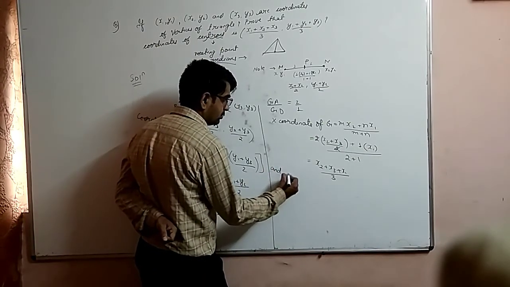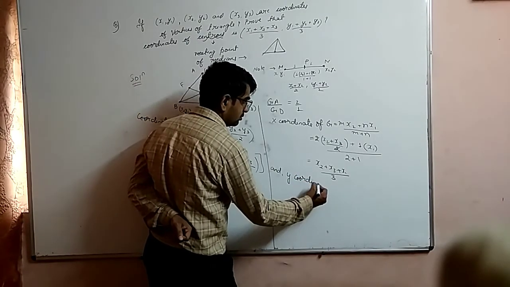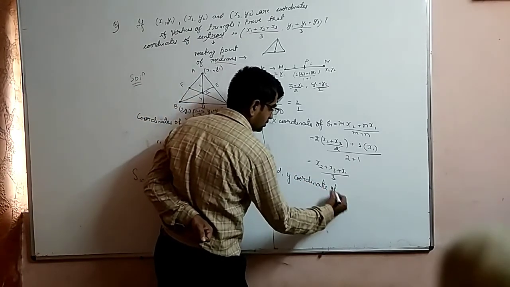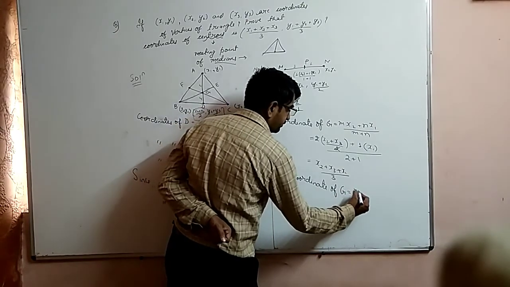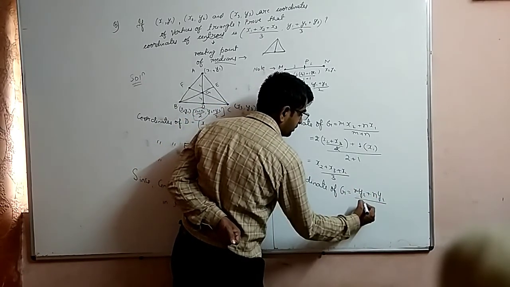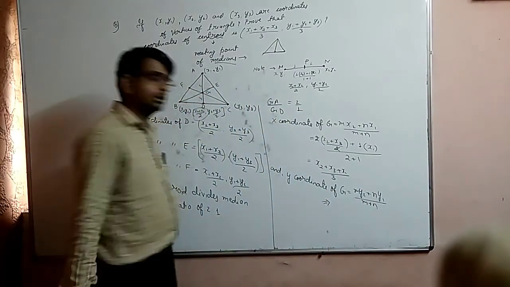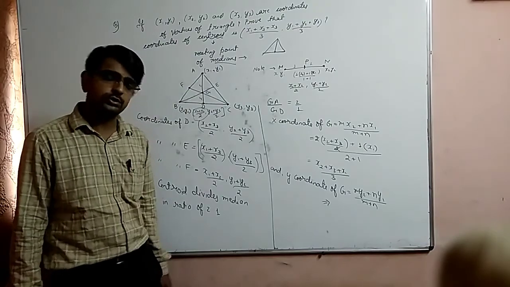Now what will be the y coordinate? It will be m y2 plus n y1 by m plus n, as we have done for x. Similarly we can do it for y also.